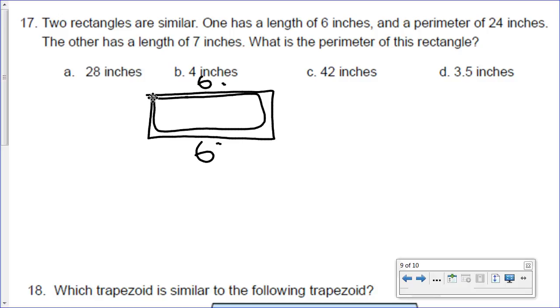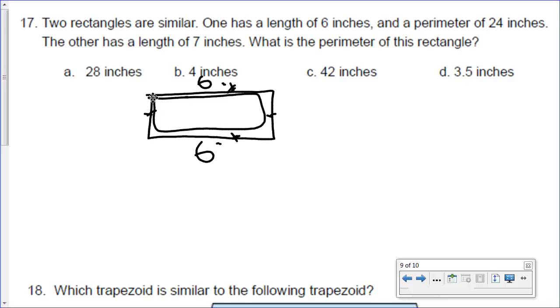All the sides add up to make the perimeter, right? When we add this side, and this side, and this side, and this side, they make up 24. When we add this side and this side, that's going to make up 12.